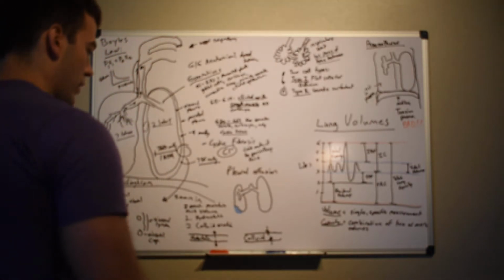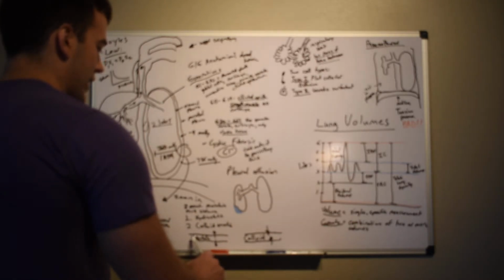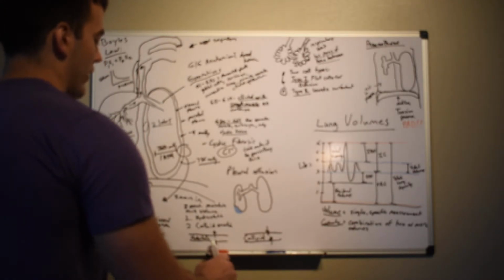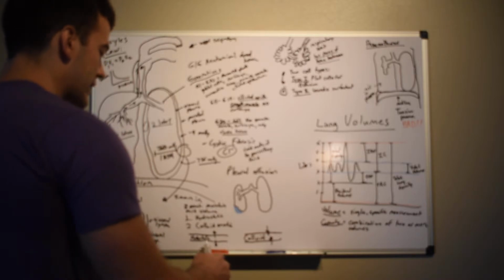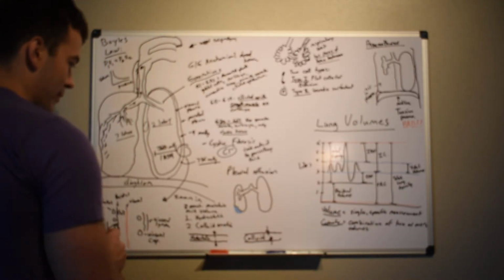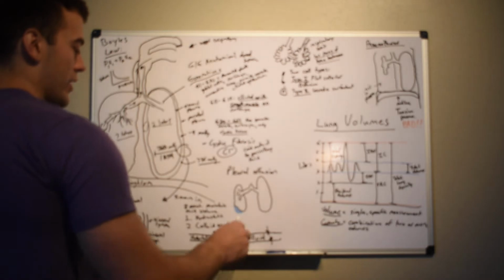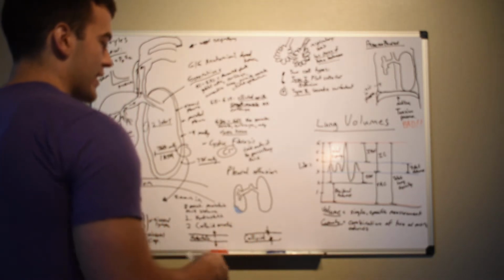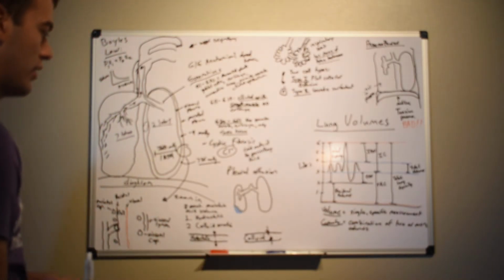The hydrostatic pressure pushing against their vessels and pushing fluid out of their vessels is so great in their parietal capillaries that too much fluid is going to be pushed out into that space, and you're going to collapse a little bit of the lung because of that.